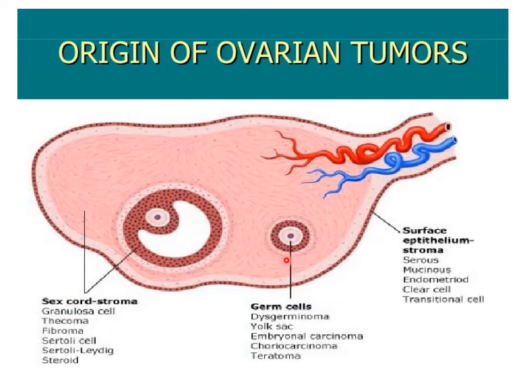Then the third type of ovarian tumors arise from the germ cells, and these tumors are categorized as dysgerminoma, yolk sac tumors, embryonal carcinomas, choriocarcinomas, and teratomas. So this is the whole classification of the ovarian tumors, my dear students.